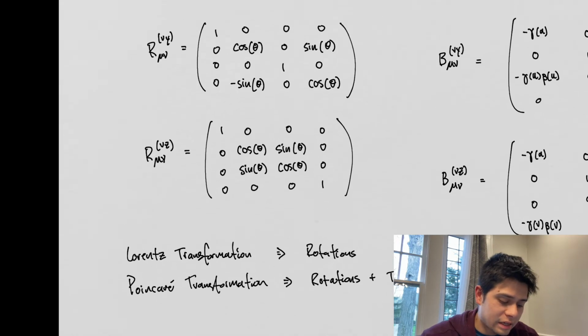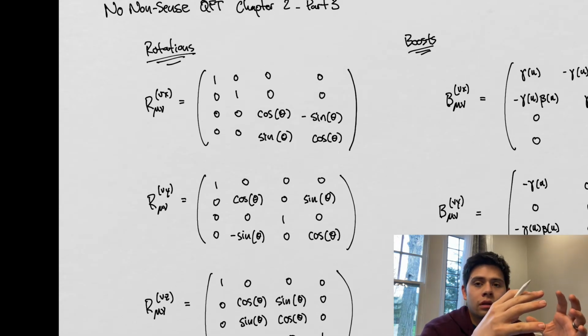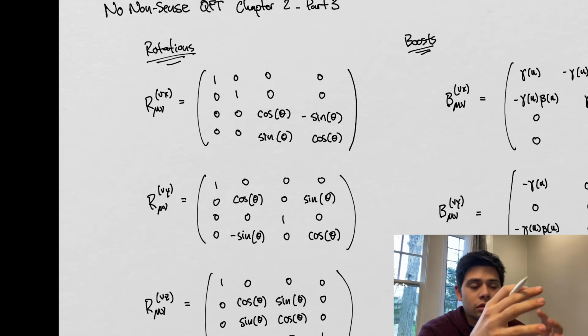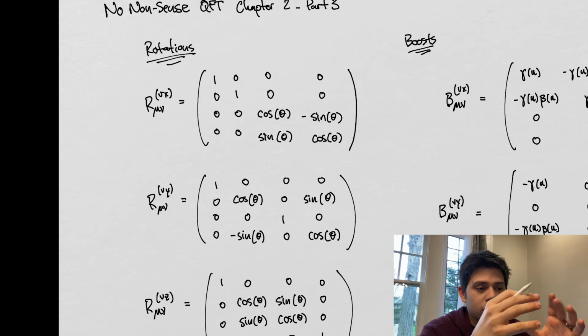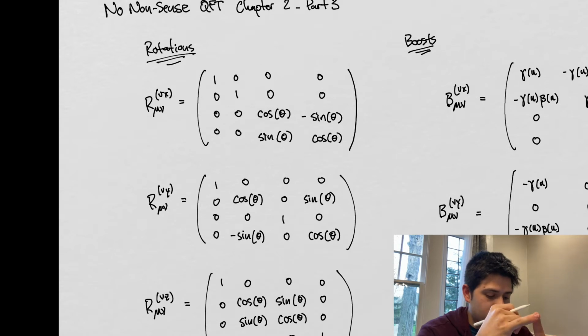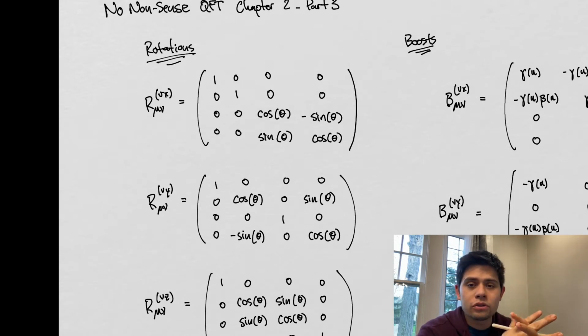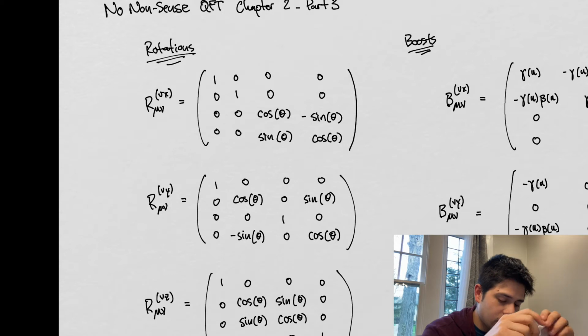So the main idea here is that we want to find rotation vectors and rotation matrices and boost matrices that preserve the structure of spacetime when we transform these vectors. We want to be able to transform the vectors, but still have the Minkowski metric work on these vectors even when they're transformed.